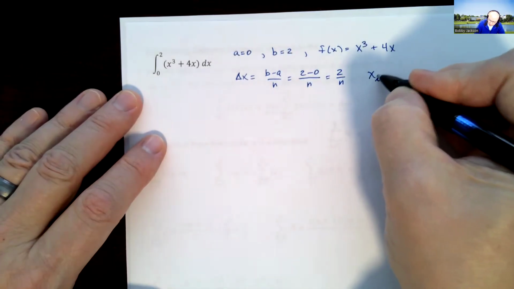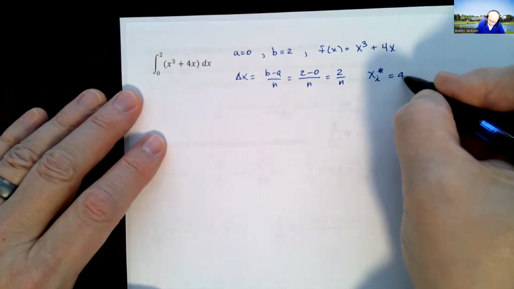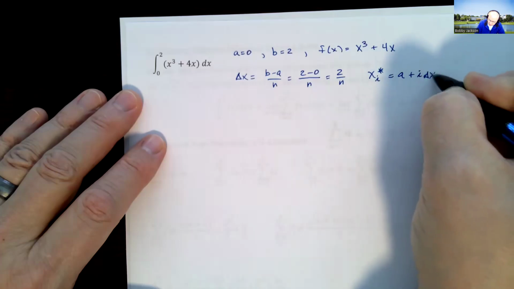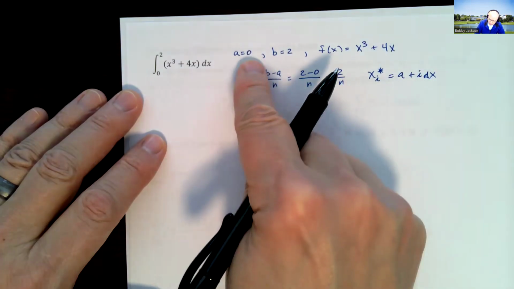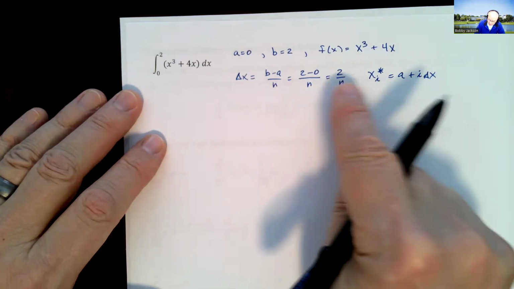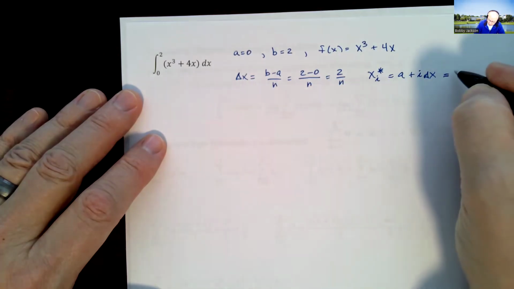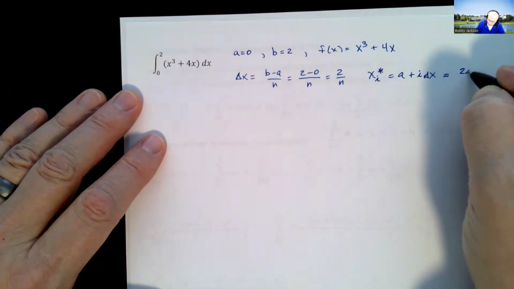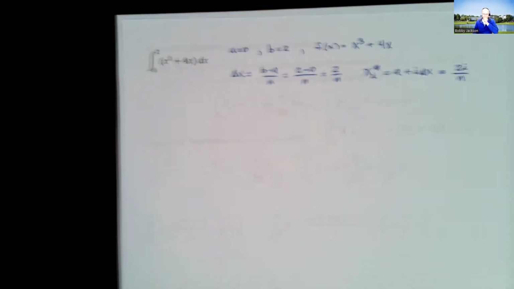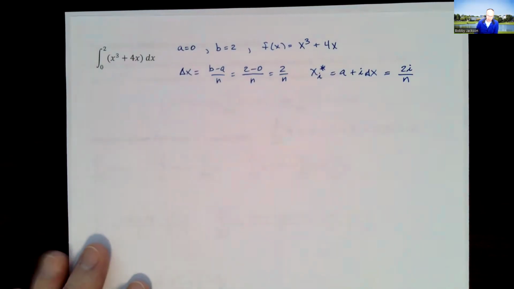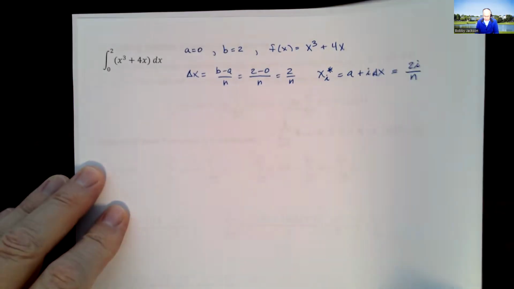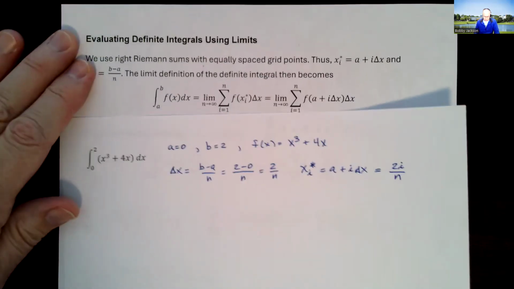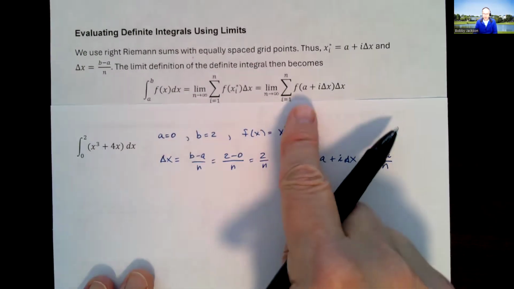And the right-hand endpoints, the x sub i stars, remember, a plus i times delta x. a is 0, so that's 0 plus i times delta x. i times 2 over n is 2i over n. So there's the setup. So again, let me just reveal what we have here.